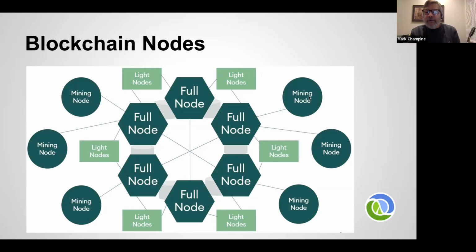Then there are mining nodes. Mining nodes actually also have to be full nodes. What they're doing is creating new blocks to be added to the blockchain. And we're going to see in a minute how that is accomplished.